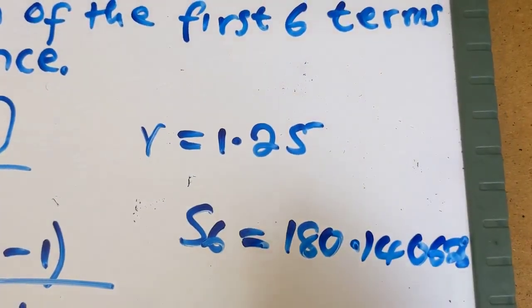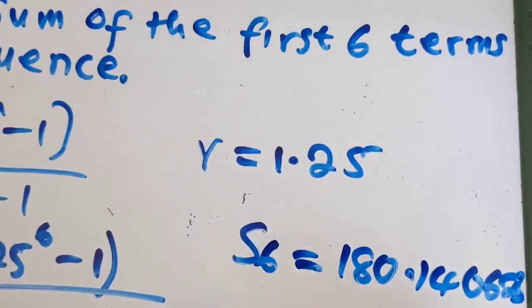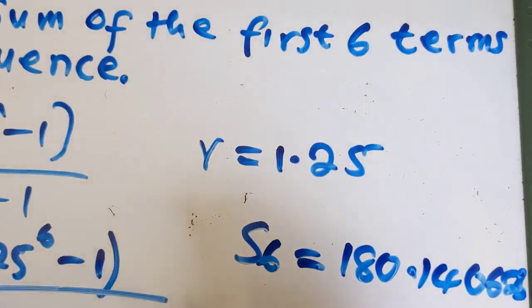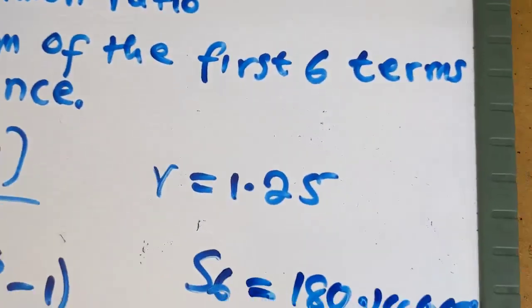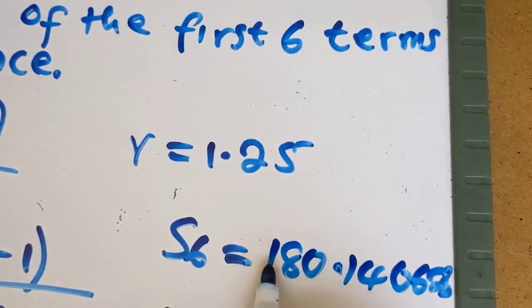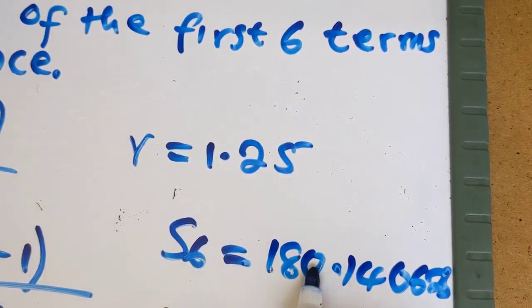And remember, I said that you round off the number. If it is not specified, round off the number to 3 significant figures. Significant means important, so 3 important numbers. Starting from this one, you count 1, 2, 3. These are the 3 important numbers.